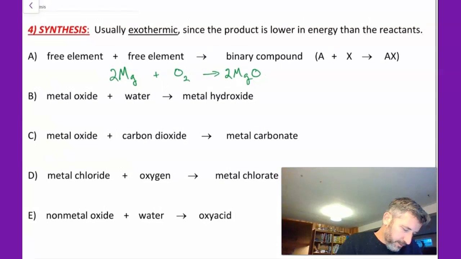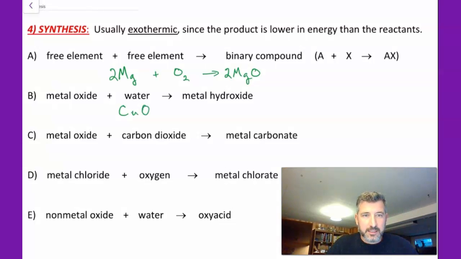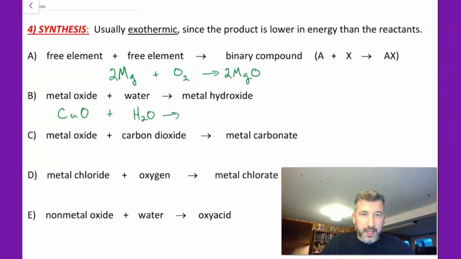For example, we might have copper 2 oxide, CuO. That would be a metal oxide. And just to keep things consistent, maybe I'll slide that over underneath its name, metal oxide. And then, of course, water is water. And it's going to make a metal hydroxide.